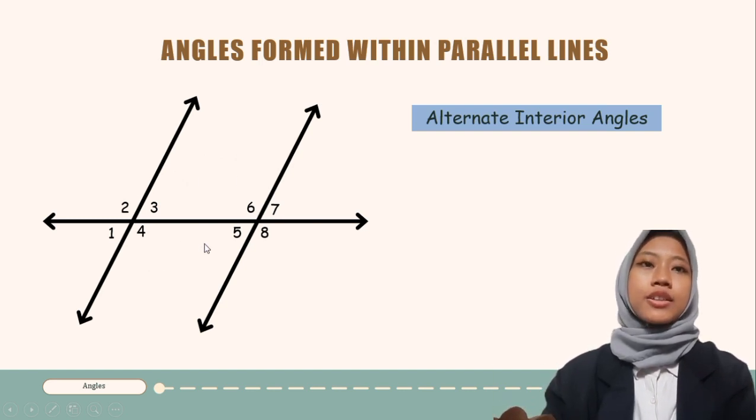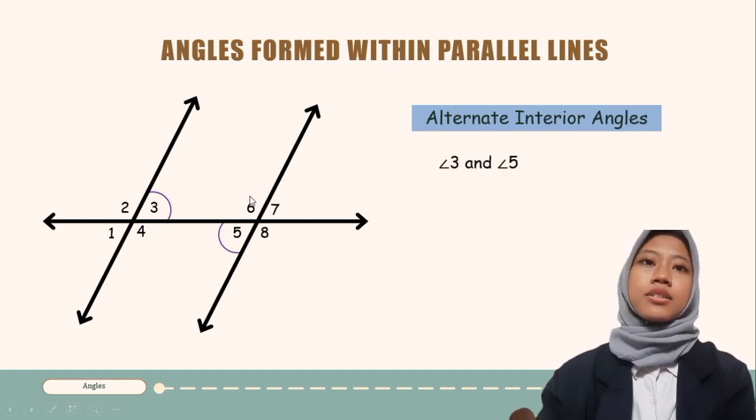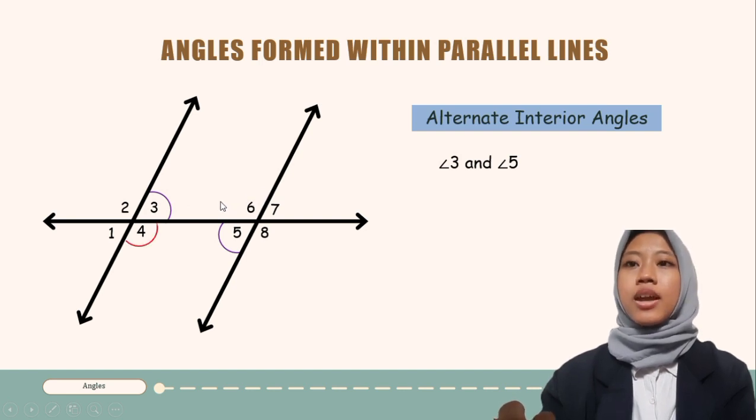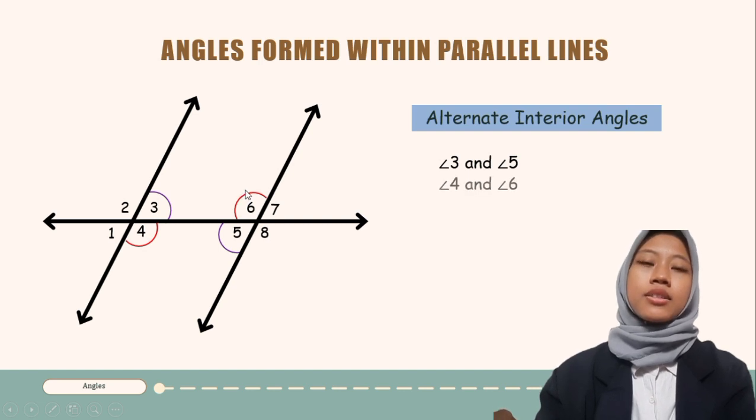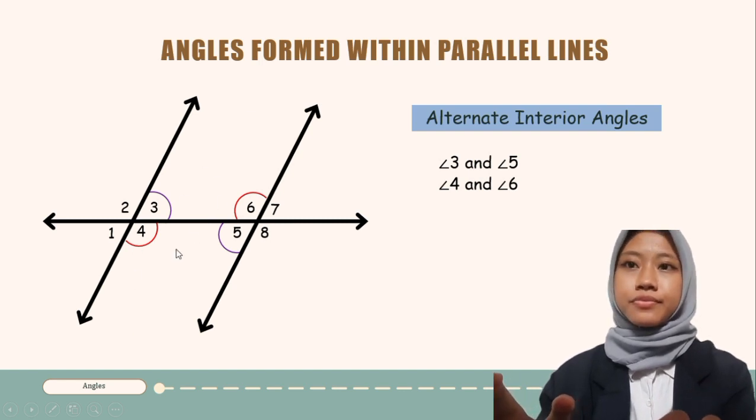So alternate interior angles are like angle 3 and angle 5, and then angle 4 and angle 6 are alternate interior angles. So the alternate interior angles are in this area.